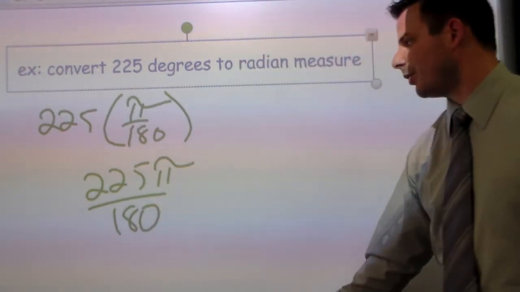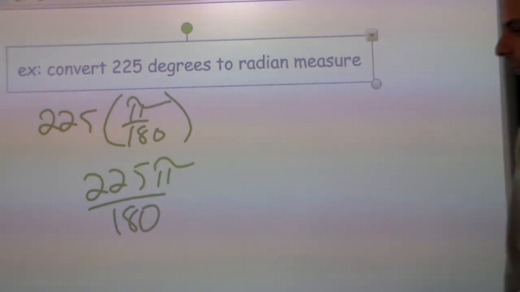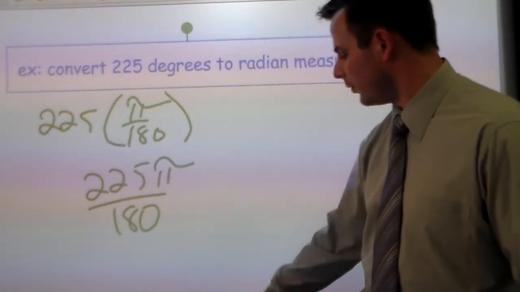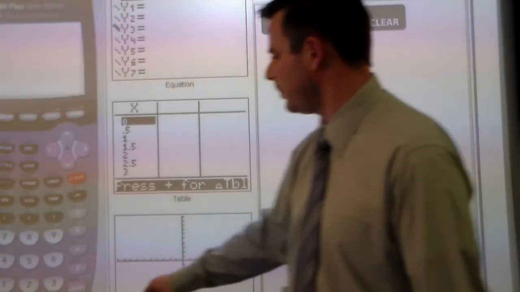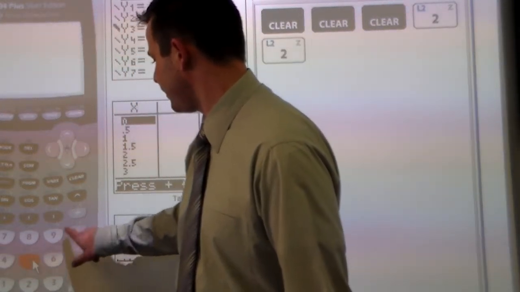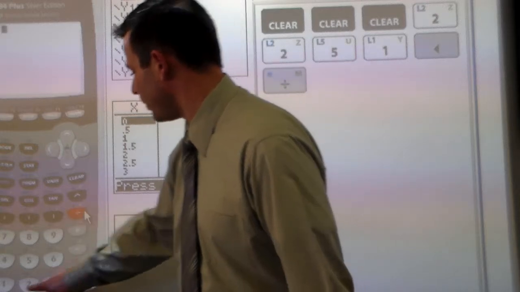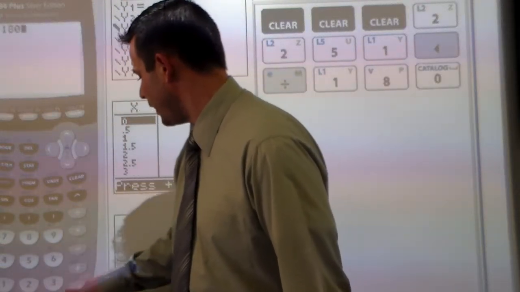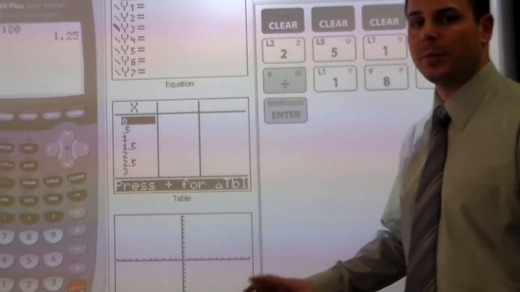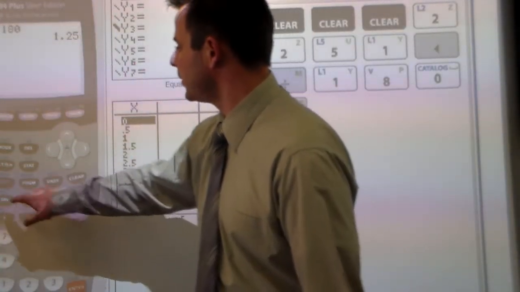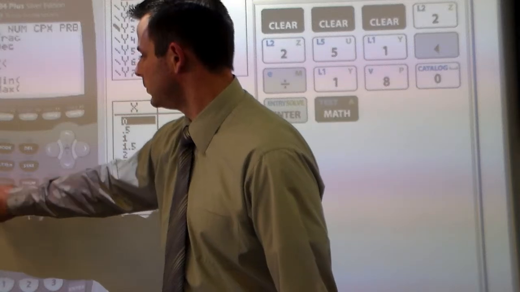Now, things like this can get a little difficult to simplify. If you want, you can sit here and reduce this by hand, but for speed, let's just do 225 divided by 180 and express it as a decimal, then convert this back to a fraction by pushing math, fraction.